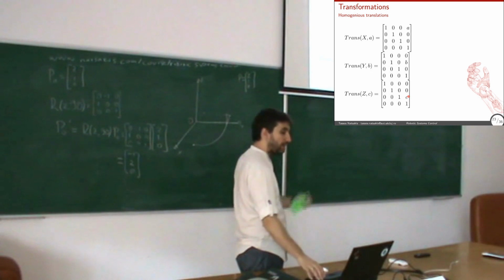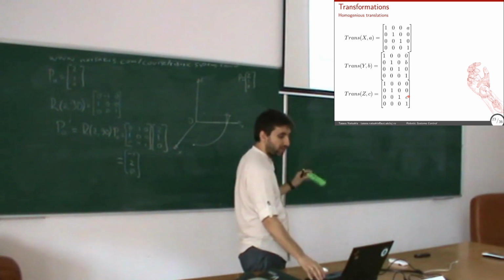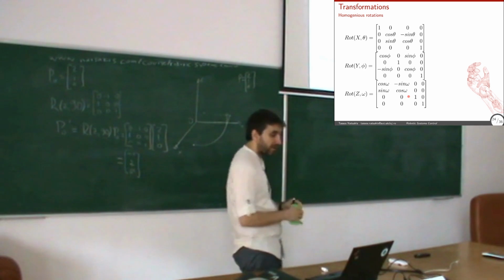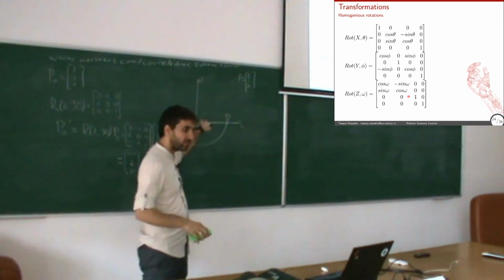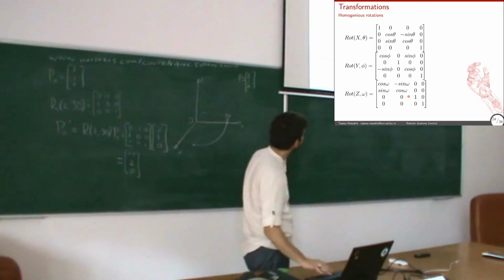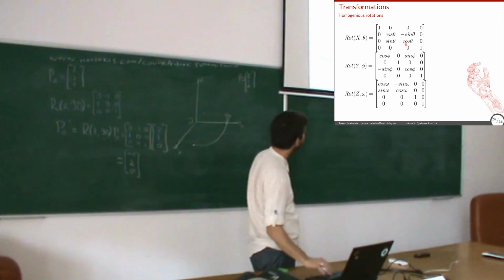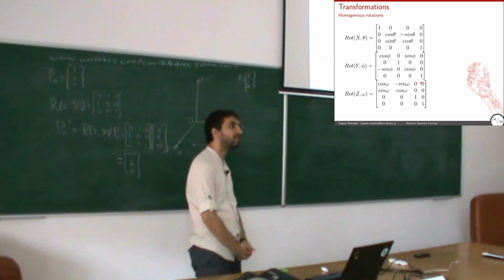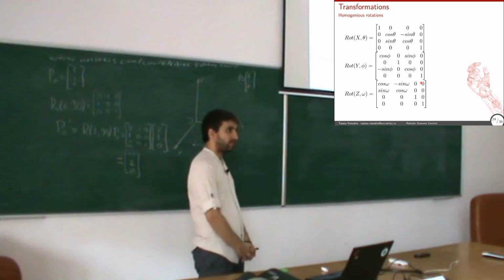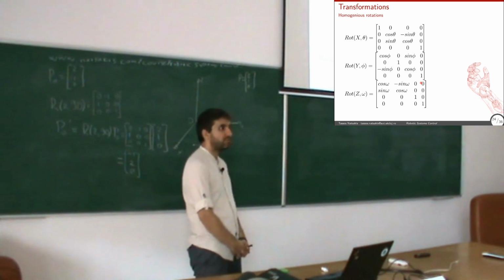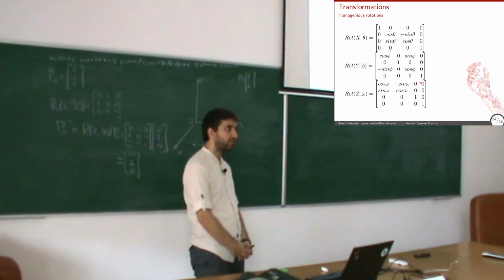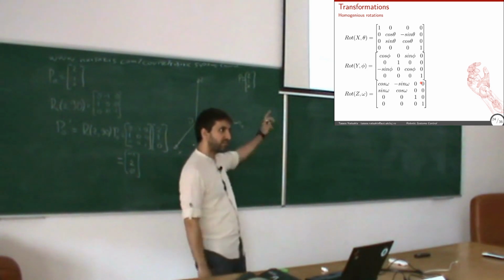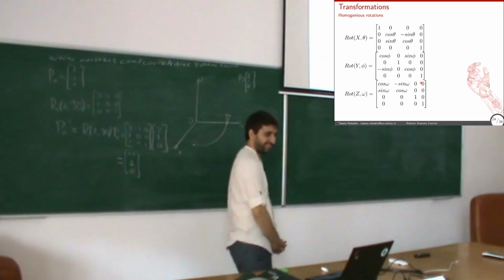Then, if I have no translation and only rotation, then I have something very similar to what we already saw. You remember these three matrices that we saw earlier? They fit in here, and the translation part is 0, 0, 0. And we can have two translations at once. We can have 5 rotations and 3 translations and then 1 more rotation at once, and we'll see in 2 slides how.